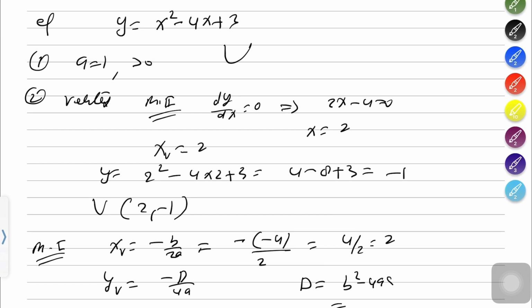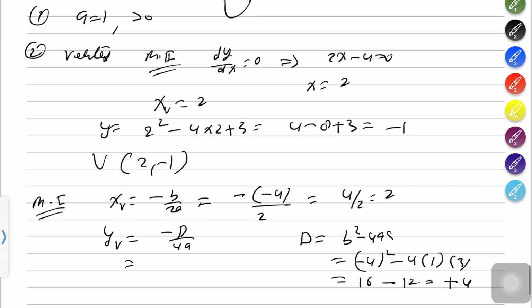So b is minus 4, so minus 4 square minus 4 into 1 into 3, that is 16 minus 12, which is 4. So the y coordinate is minus 4 upon 4, that is minus 1. So the vertex is 2 comma minus 1. Either you can use the differentiation method or the formula method to find the vertex.